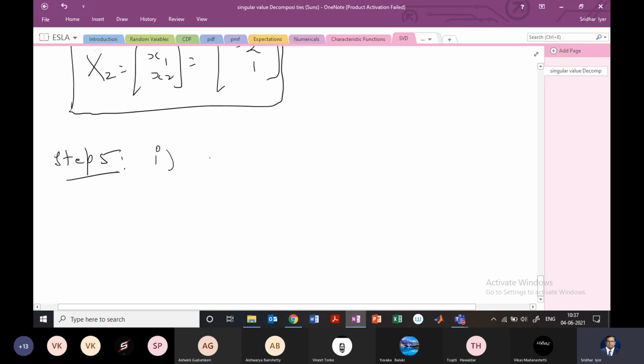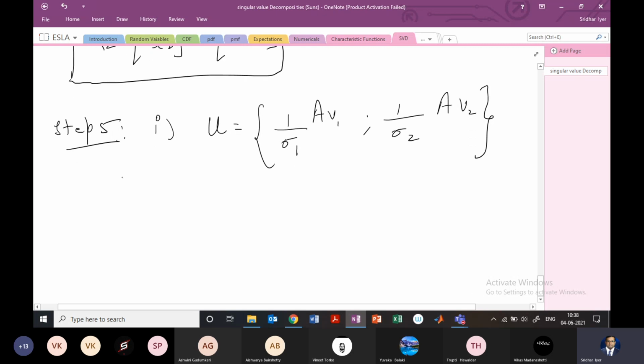The first sub-step is to find u, and u is given as 1 by sigma 1 times A v1, and 1 by sigma 2 times A v2. So let's first find u, and then we'll go to the next 2 steps.